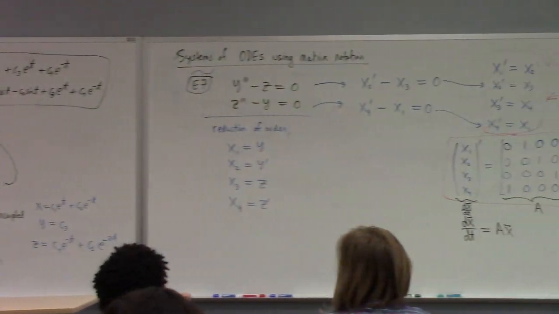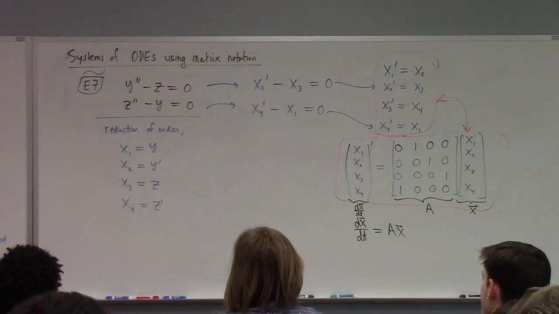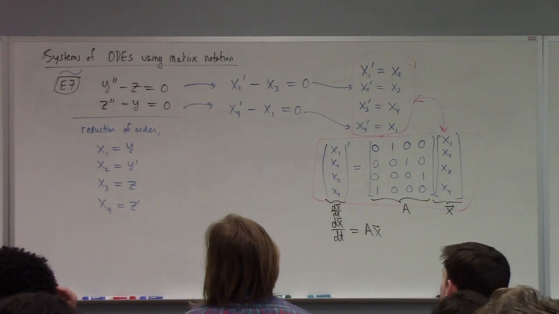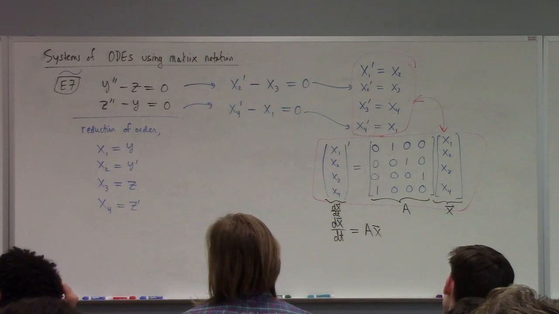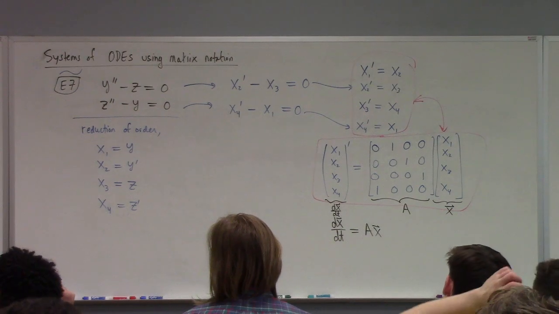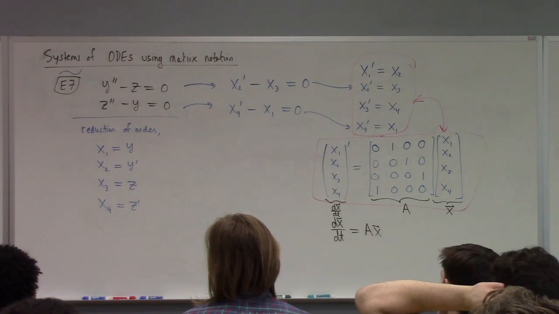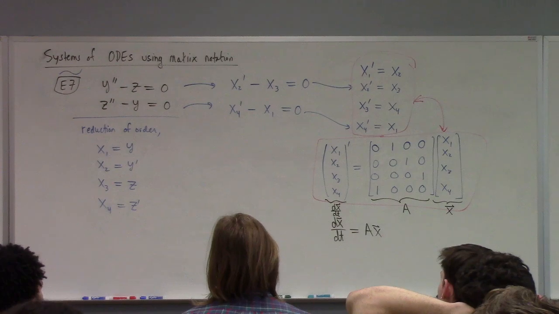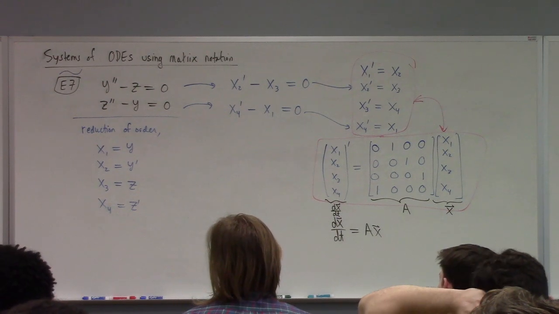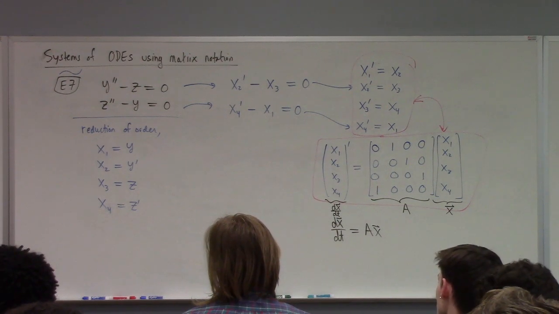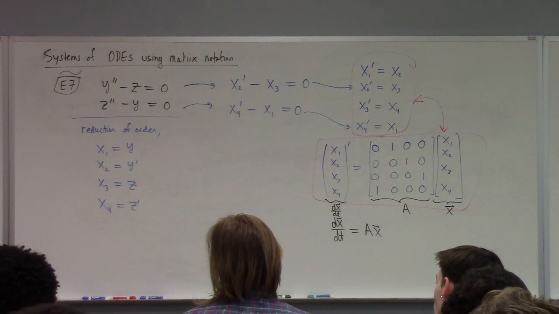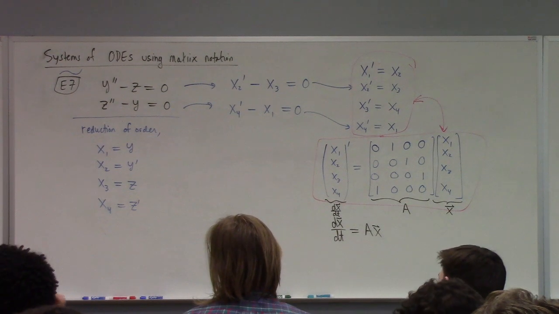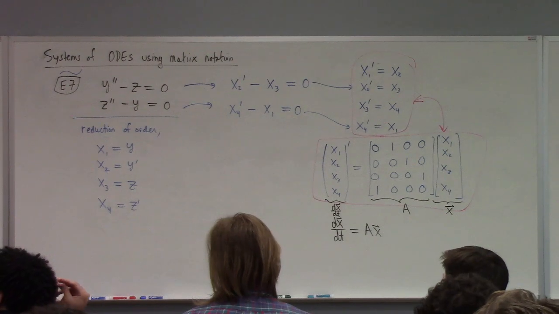My question is, what order is each one of those differential equations? This one was second, third. So I think I can actually make this a 7 by 7 problem.